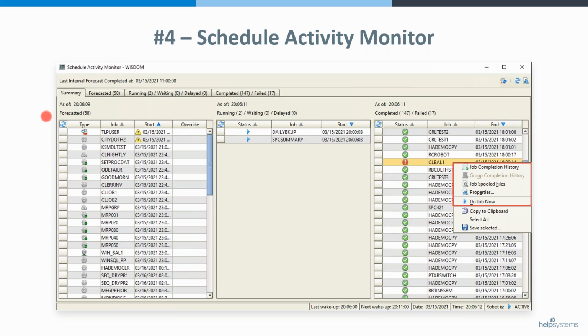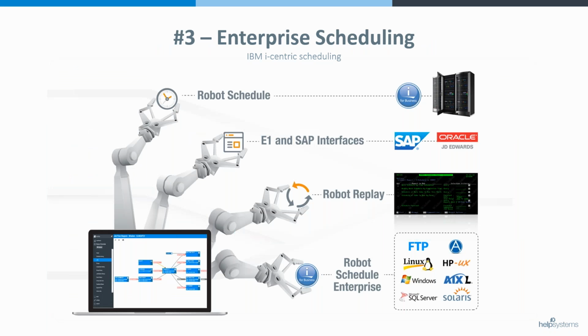So let's move on to enterprise scheduling. We talked about this already. You do need to add in Robot Schedule Enterprise, but now I have an IBM i centric scheduling tool. Now, some people get a little worried.